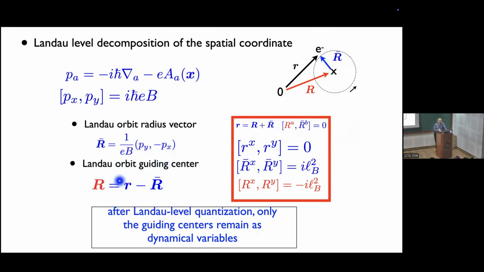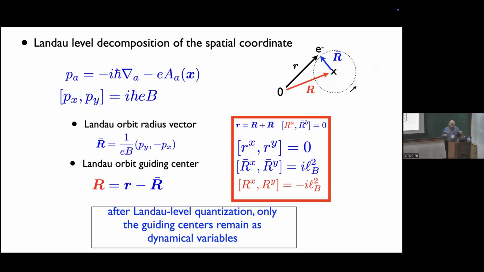To define this more cleanly, we impose the condition that in each Landau level, the mean expectation value of the Landau orbit radius vector is 0, which fixes the center of the orbit. That may be trivially obvious if you've got some inversion symmetry, but in general, Landau levels could be centered at arbitrary points in K-space, and it's an important point.